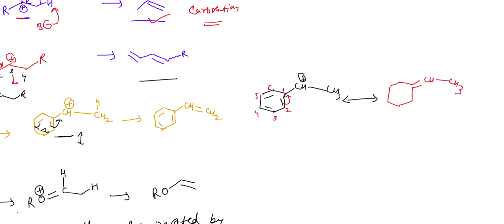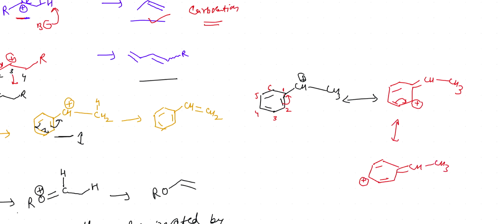Now the positive charge is acquired at carbon number 2. Again, there is shifting of pi bond from carbon number 3 to carbon number 2, and the positive charge is moving throughout the whole benzene ring via resonating structures.